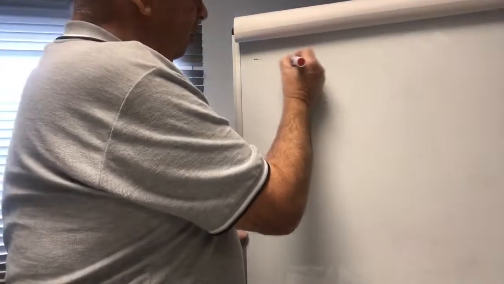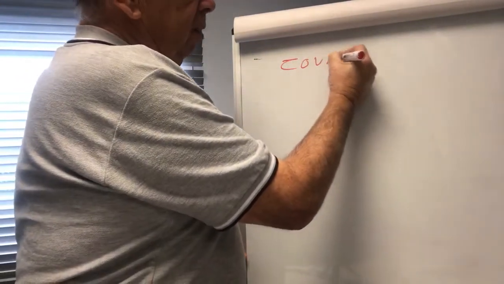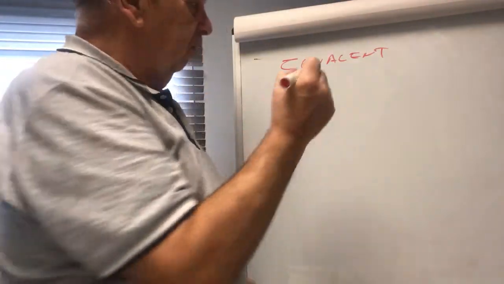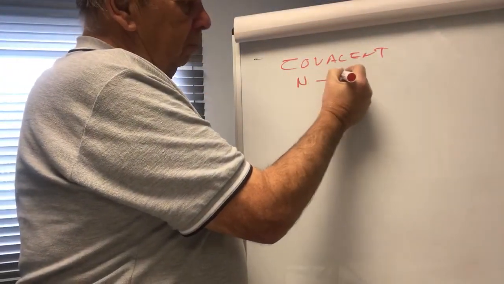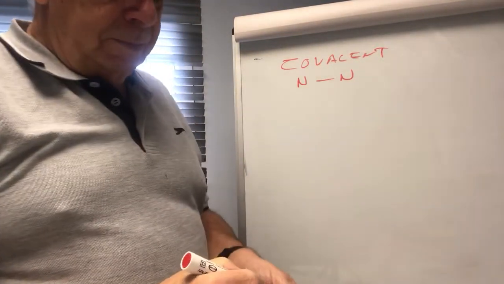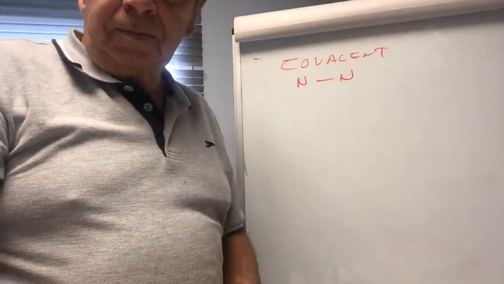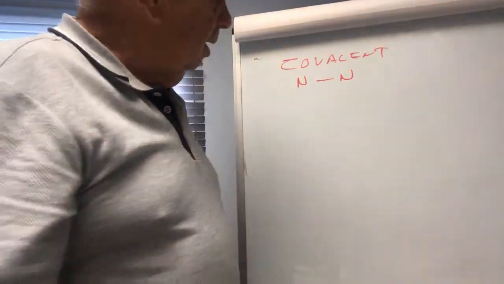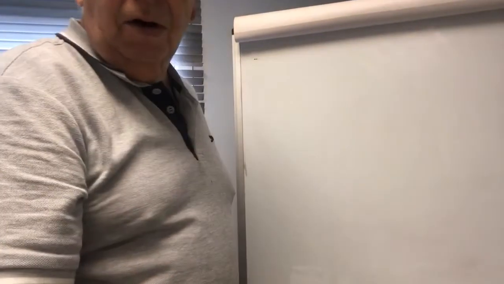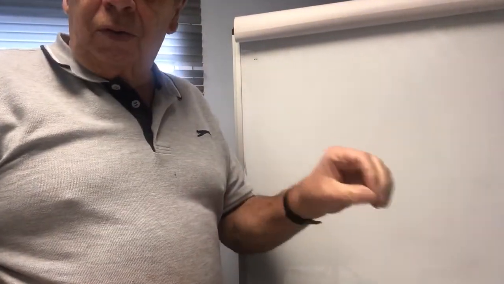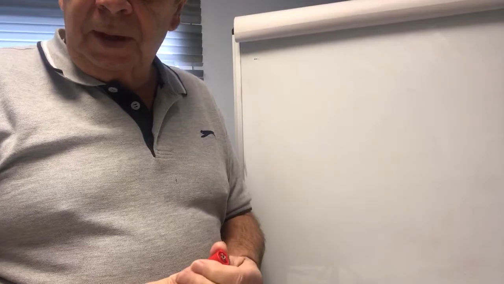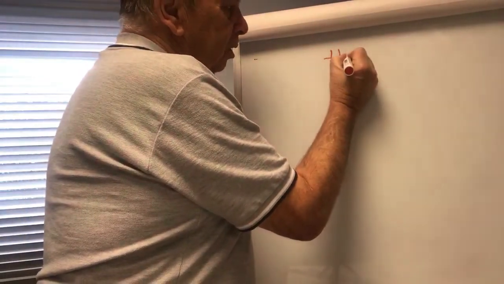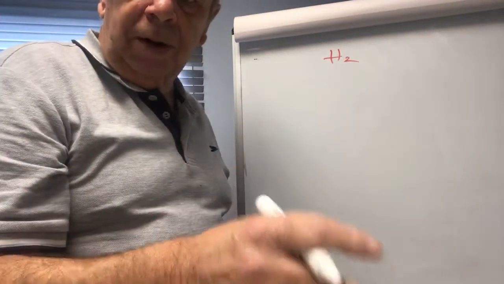Let's look at covalent bonds. Co means sharing. Covalent bonds, like I said before, are formed between non-metals combining with non-metals. Hydrogen, a molecule, H2, oxygen, O2. And it is formed by the sharing of two or more electrons. If I took a simple example, hydrogen, H2, it's a diatomic molecule.